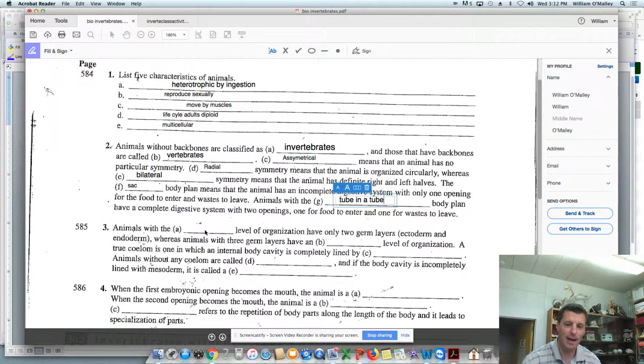Animals with what level of organization have only 2 germ layers? This is from page 619 and in your notes. Landon? Ashley? Tissue. Whereas if they have 3 germ layers, we would say they have what level of organization?